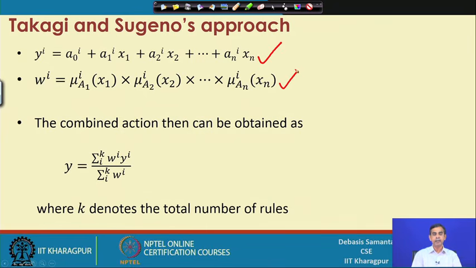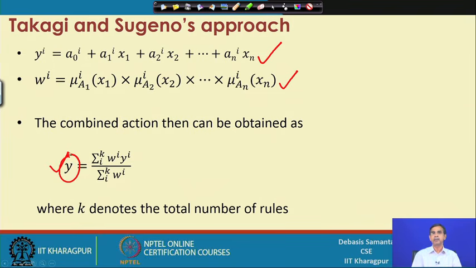Taking these values for all the rules, suppose there are k rules, we take the sum of the products of all w_i into y_i and divide by the sum of all weights, and that gives you the final output.